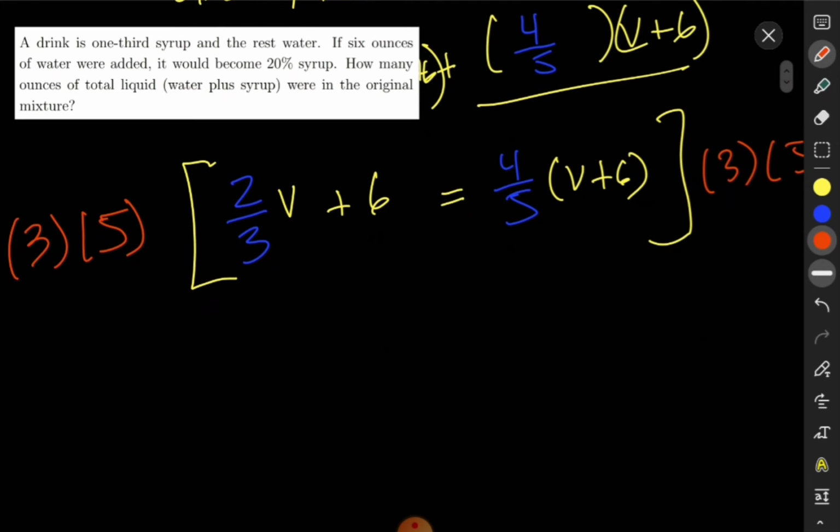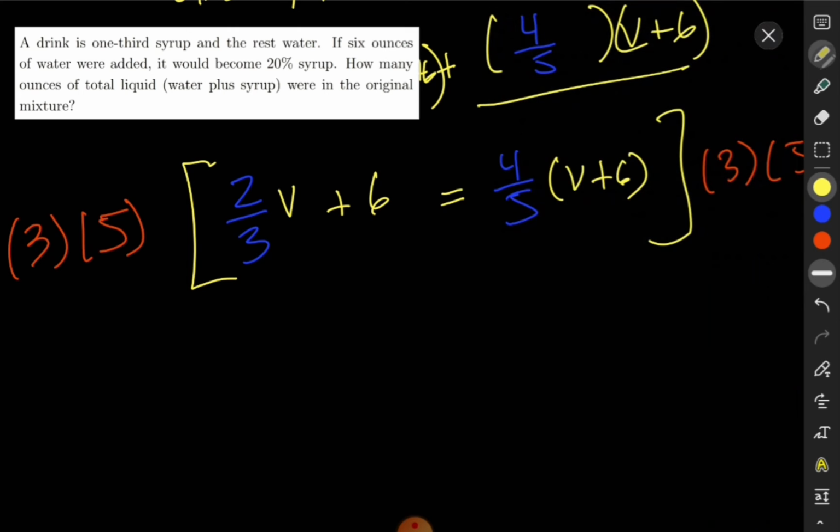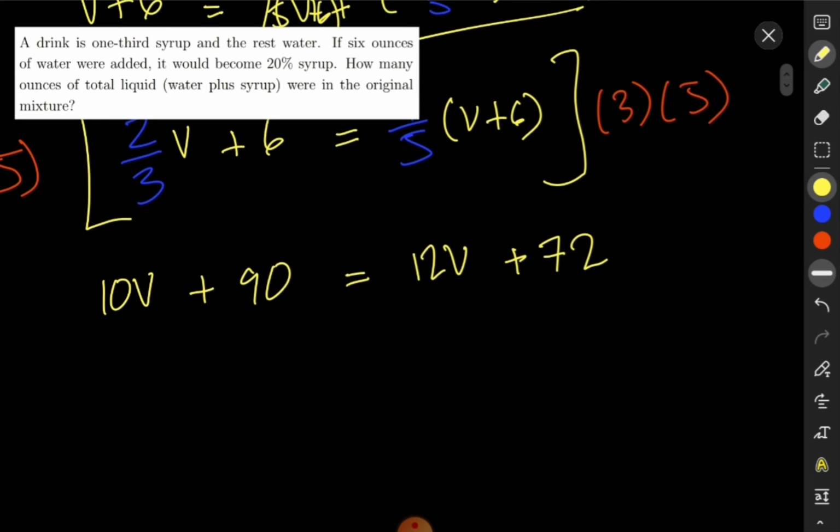If I simplify both sides, the left-hand side becomes 10V plus 90. On the other side, it becomes 12V plus 72. Now, I want you to prove why this is true, but let us proceed to the problem.